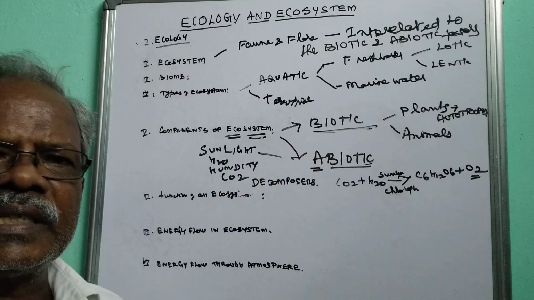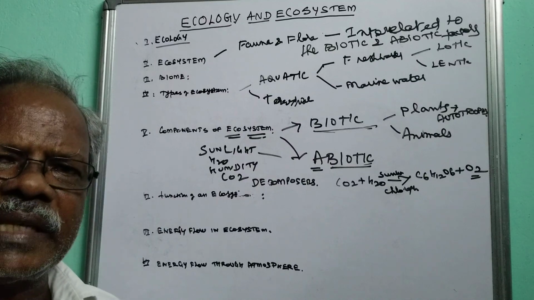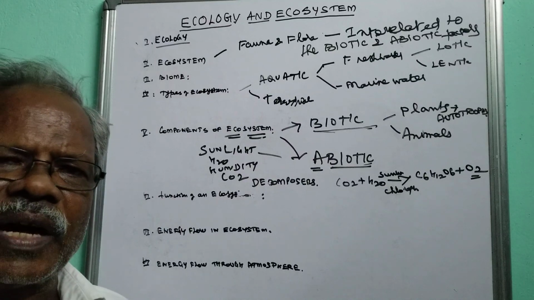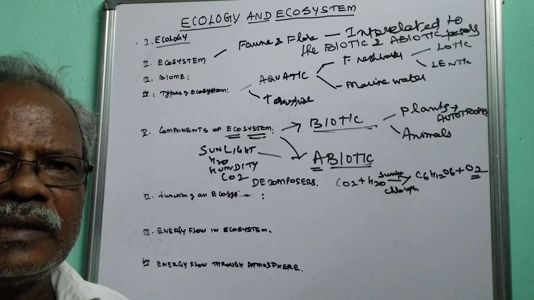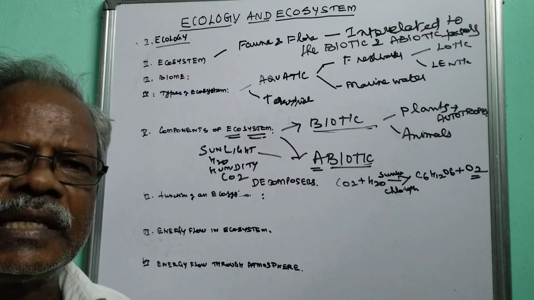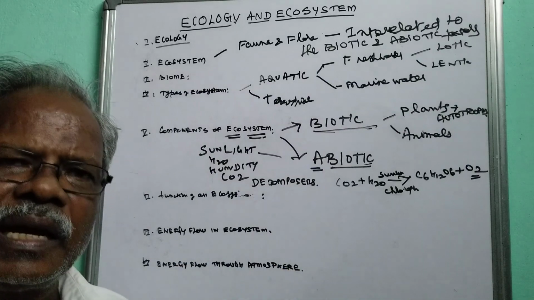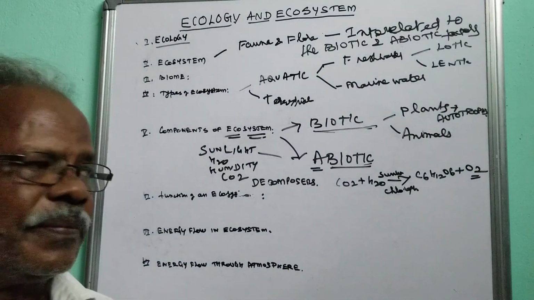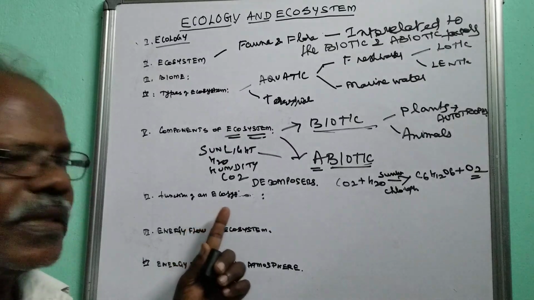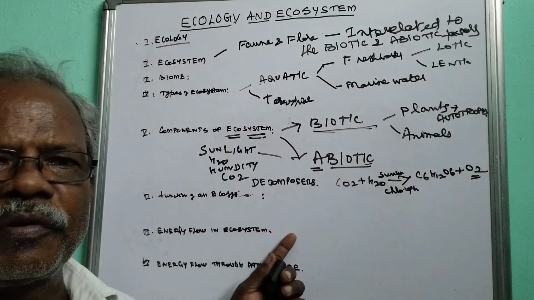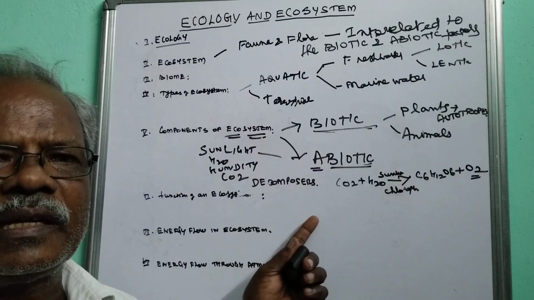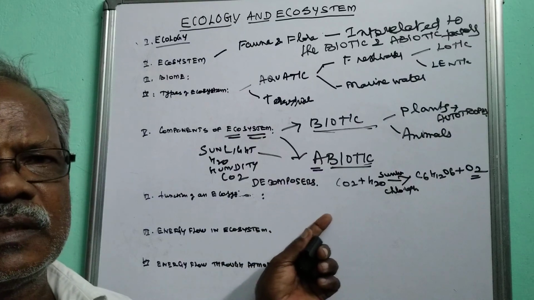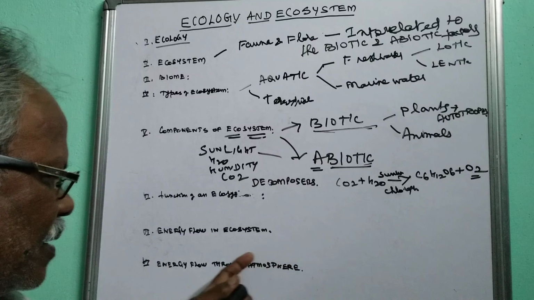The second function is it gives energy to the fauna and flora, because of the abiotic factors. Because of the sunlight, it gives energy to the producers, that is plants. So the functions of the ecosystem are providing energy and nurturing the plants and animals.